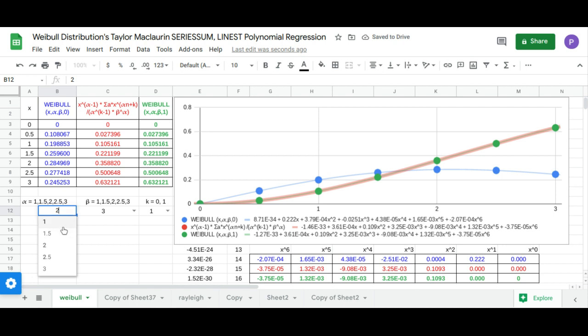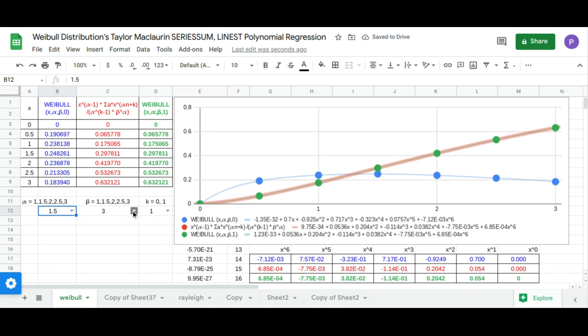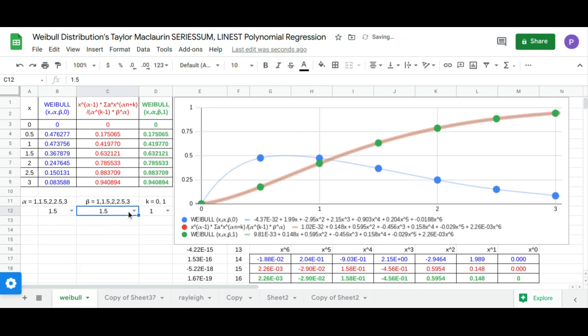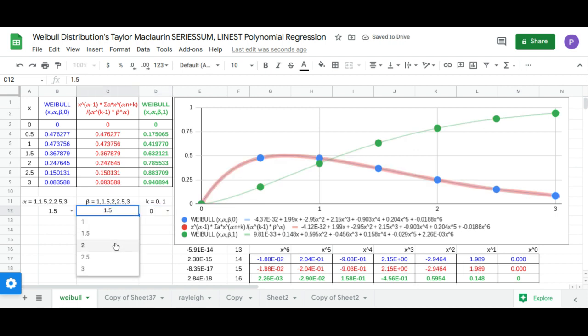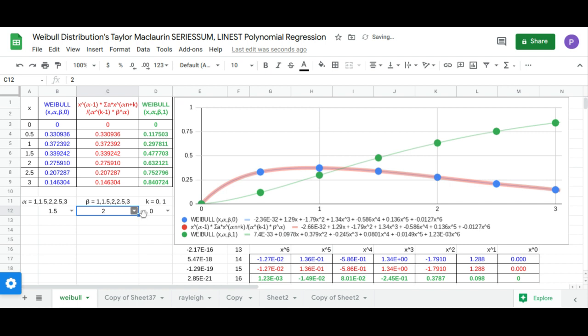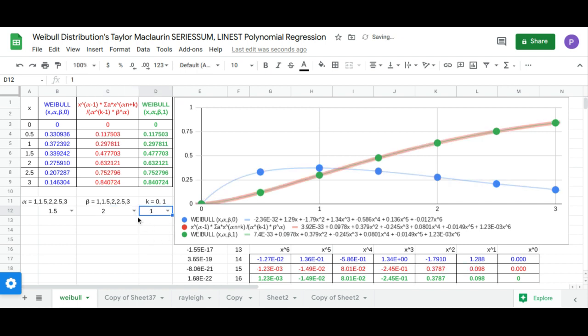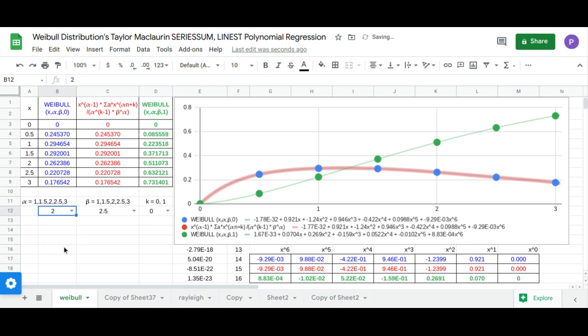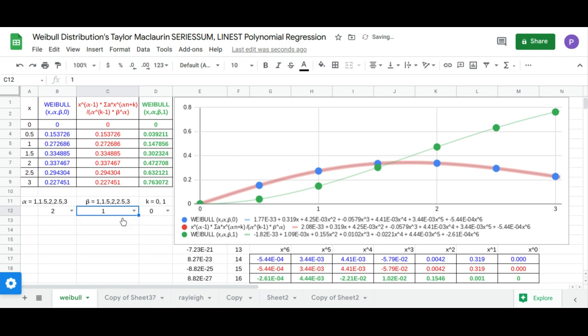When beta was 1.5, at 1, and there's 1.5, and we can toggle this at 2, and we can toggle this, and 3, 2.5, and we toggle this at alpha equals 2, starting from 1.